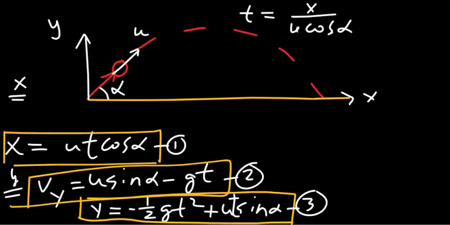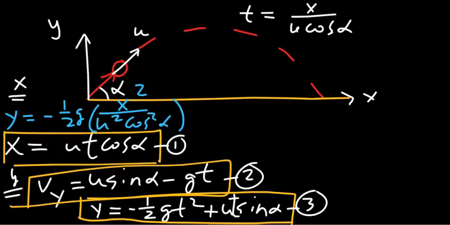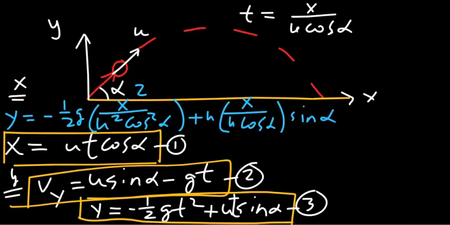Let's see what we get. y equals minus half g t squared, so t squared is x squared over u squared cosine squared alpha, plus t is again x over u cosine alpha times sine alpha. Let's simplify this.